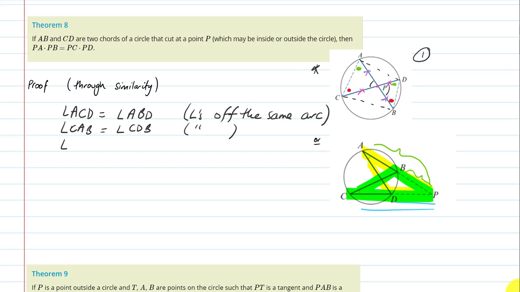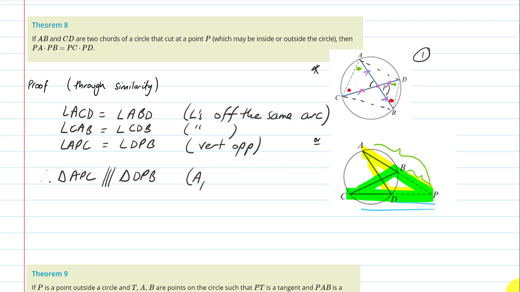And also angle APC is equal to angle DPB, which is pretty much given anyway, but they're vertically opposite, so I can use that. And therefore, triangle APC is similar to triangle DPB. And the reason is angle, angle, angle.